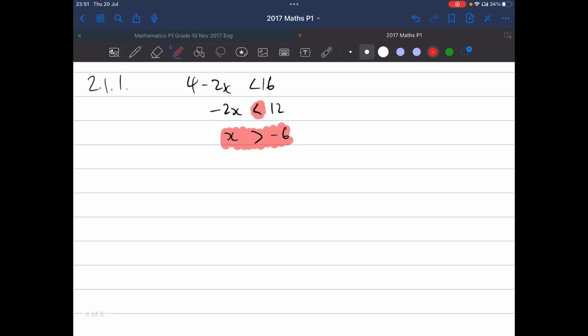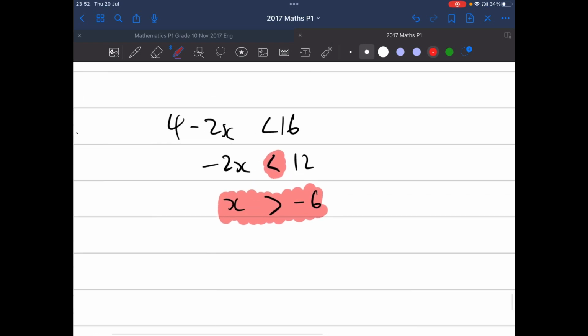And then to test this, you can substitute in that minus 6. So if I say 4 in my calculator, 4 minus 2 times minus 6, you'll see I get 16, right? So that means that in order for 4 minus 2x to be less than 16, I need my x to be greater than minus 6.